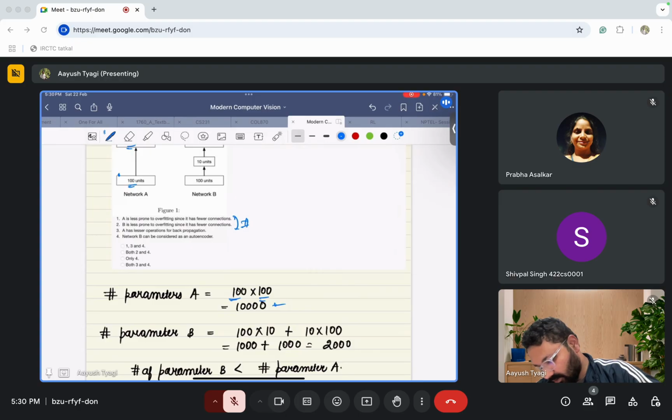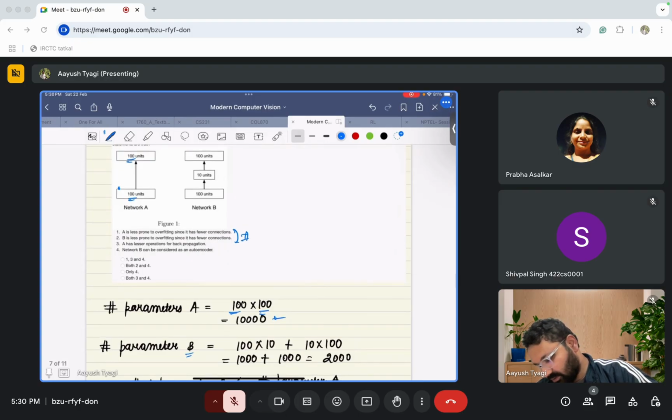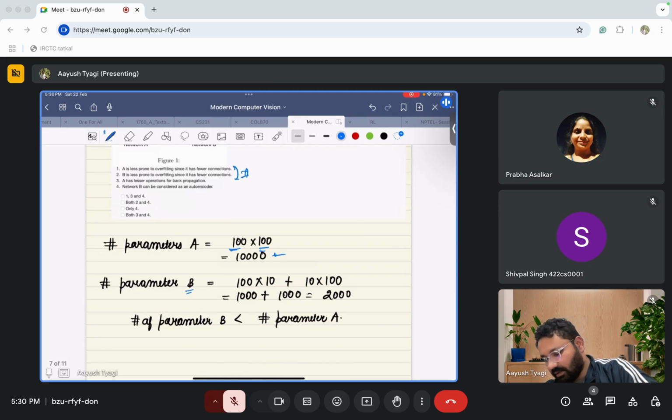What do we have in architecture B? You have 100 neurons in the input layer and an intermediate layer which has 10 neurons. So 100 is mapped to 10, then again 10 is mapped to 100. So what are the number of parameters? You have 100 into 10 and 10 into 100, so a total of 2000 parameters here.